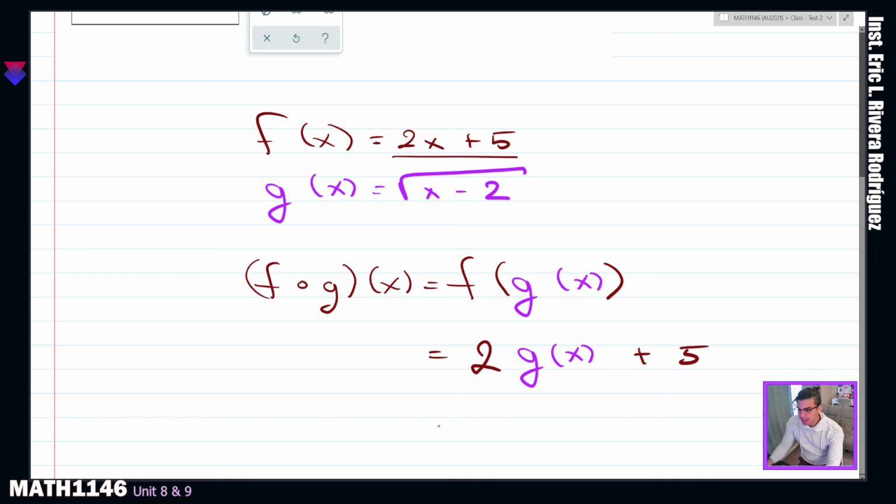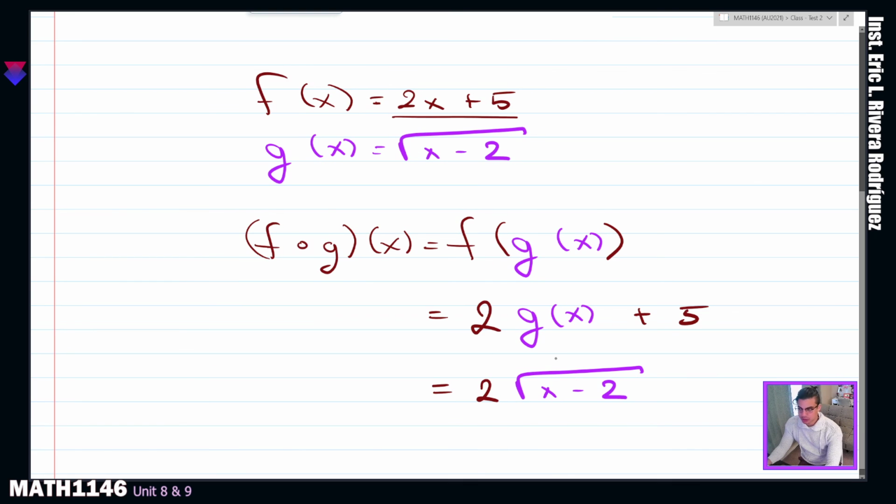Then I know that the definition of g of x is the square root of x minus 2. So now I change g of x with its definition, which is the square root of x minus 2, plus 5. And that's it.